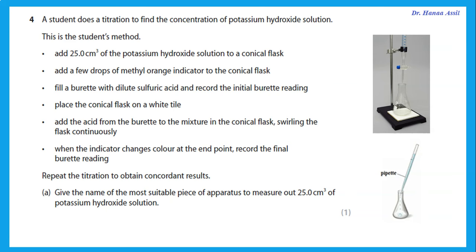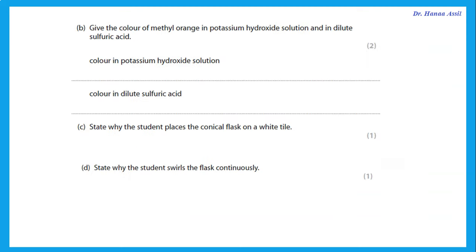And the first question is, give the name of the most suitable piece of apparatus to measure out 25.0 centimeter cubed of potassium hydroxide. Of course, you should remember that to put exactly 25.0 centimeter cubed of potassium hydroxide into the flask, we use a pipette.